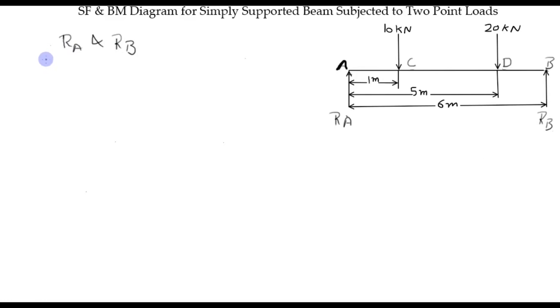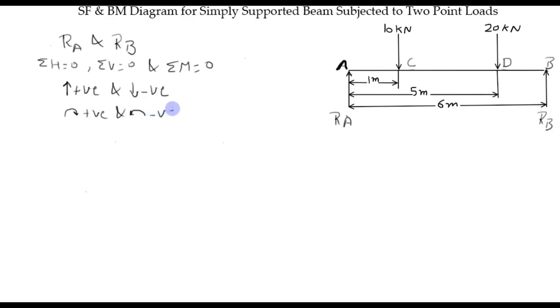So equilibrium conditions are sum of all horizontal forces are 0, sum of all vertical forces are 0, and sum of all moments about any point are 0. And then we have to consider upward forces as positive and downward forces as negative, clockwise moments as positive and anti-clockwise moments as negative.